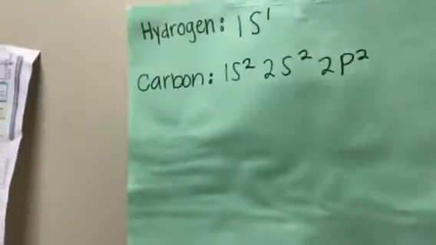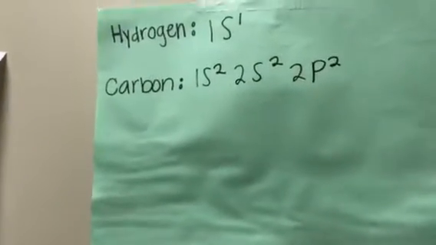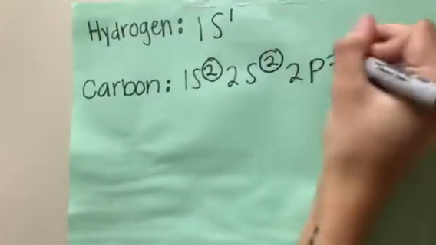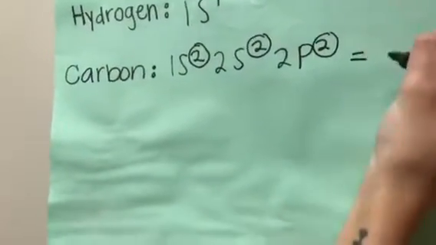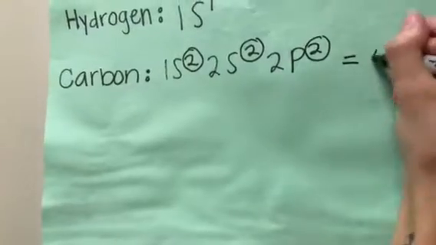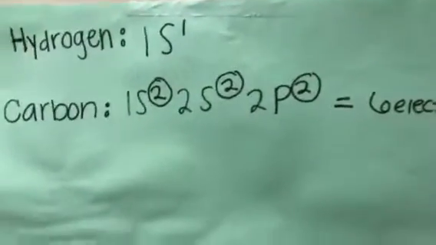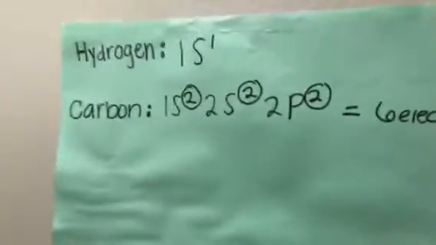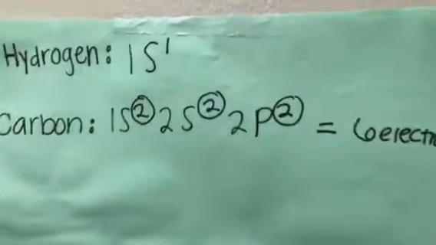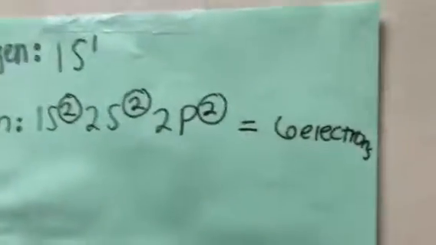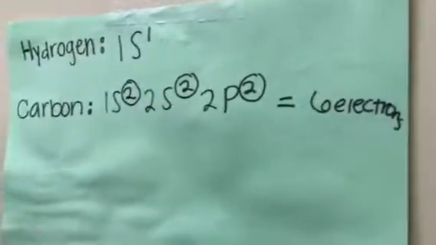So what I mean by the amount of electrons in an element should equal the sum of the numbers at the top, we're talking about these numbers up here. So you have 2, 4, 6. So it should equal 6 electrons. If you are confused about writing your electron configuration right or wrong, you just add these numbers on the top, and that should give you your amount of electrons.